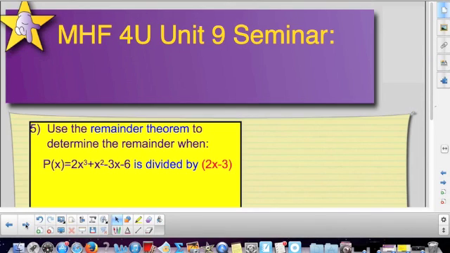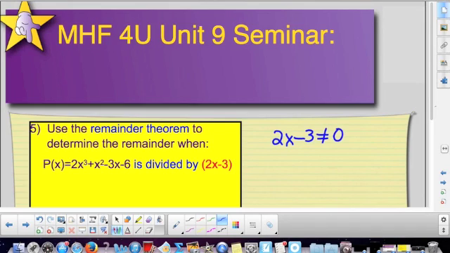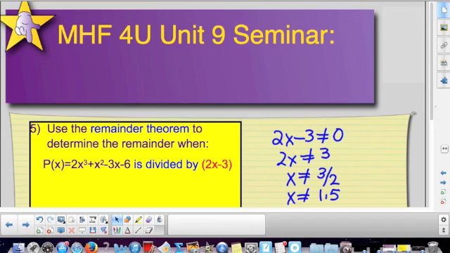This would be the same sort of deal, except what you would be plugging in is: 2x minus 3 cannot be equal to 0, so 2x cannot be equal to +3, x cannot be equal to +3 over 2, which is the same as x cannot be equal to 1.5. So if we plug that into the equation, we would be able to find the remainder. Same sort of deal. We don't have to do this example.